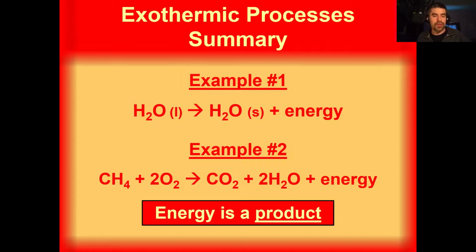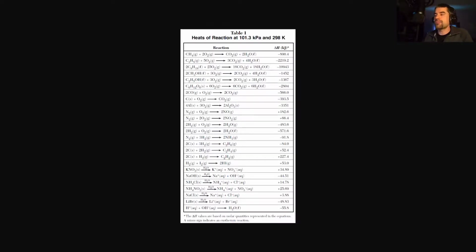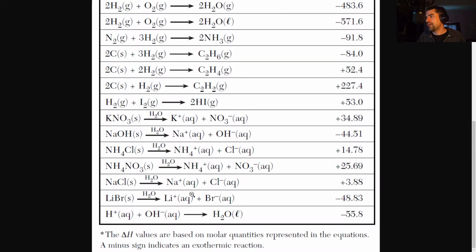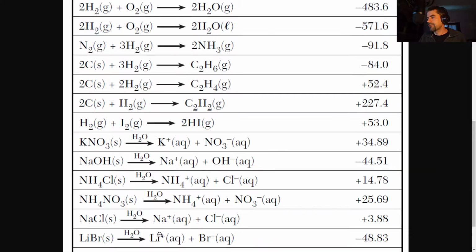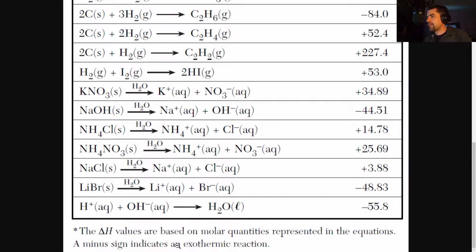Now, I will mention that on the reference tables, there's Reference Table I, and this reference table can tell you whether a process is an exothermic or endothermic reaction. We have this thing called heat of reaction, which we will learn a little more about in the future. But the delta H, and it says right down here at the bottom, if the delta H values are negative, this is an exothermic reaction.